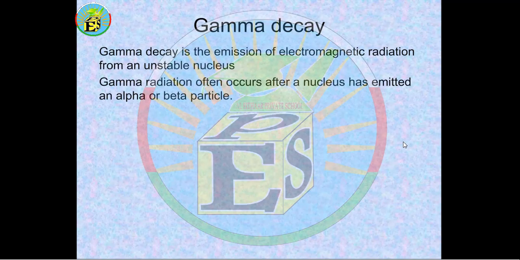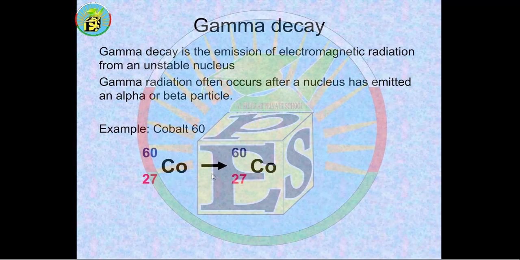Gamma ray. Gamma ray or gamma decay is the emission of electromagnetic radiation from an unstable nucleus. Gamma radiation often occurs after a nucleus has emitted an alpha or beta particle. Example, cobalt-60 will change to cobalt-60 again.